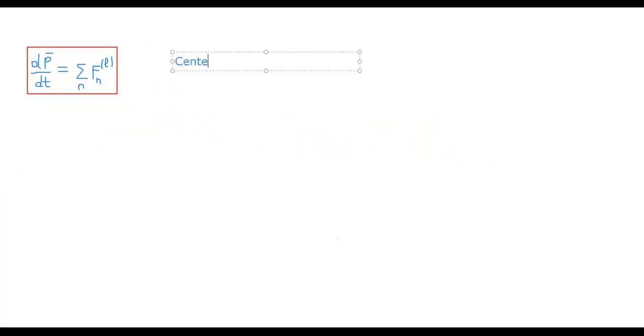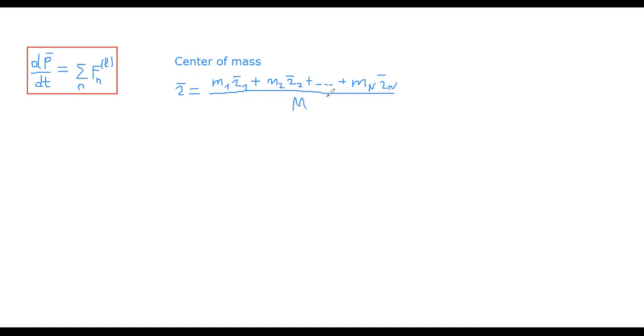Center of mass has a radius vector equal to m1 r1 plus m2 r2 plus mn rn, divided by M. This is for discrete systems of n material points.